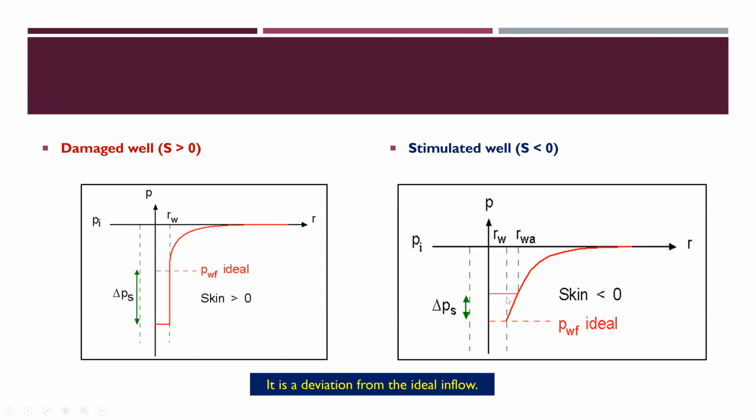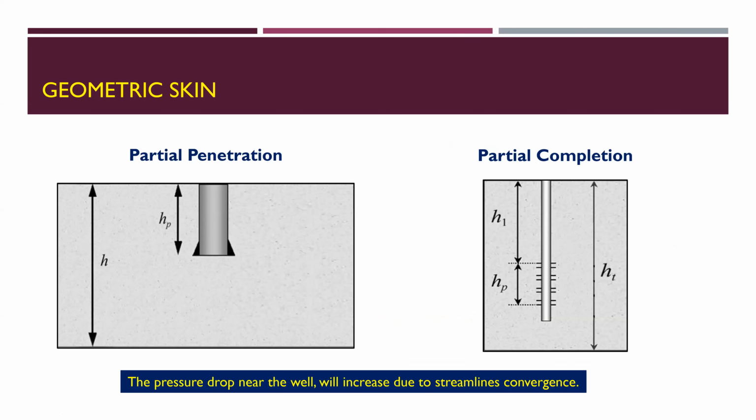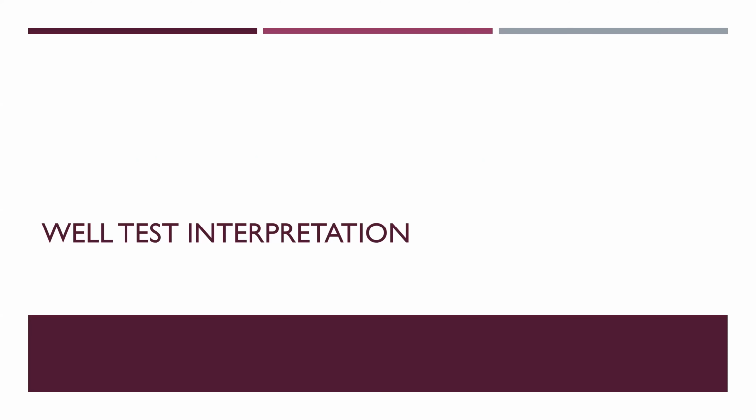This can only justify why the productivity will be higher and why delta p_s will be negative instead of positive. This geometric skin has already been explained before, and we need to avoid these two situations to minimize the skin factor as much as we can.